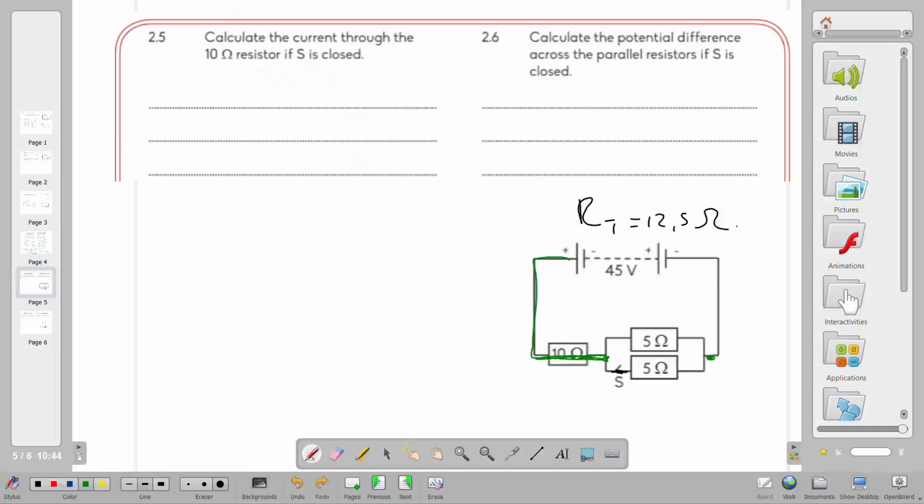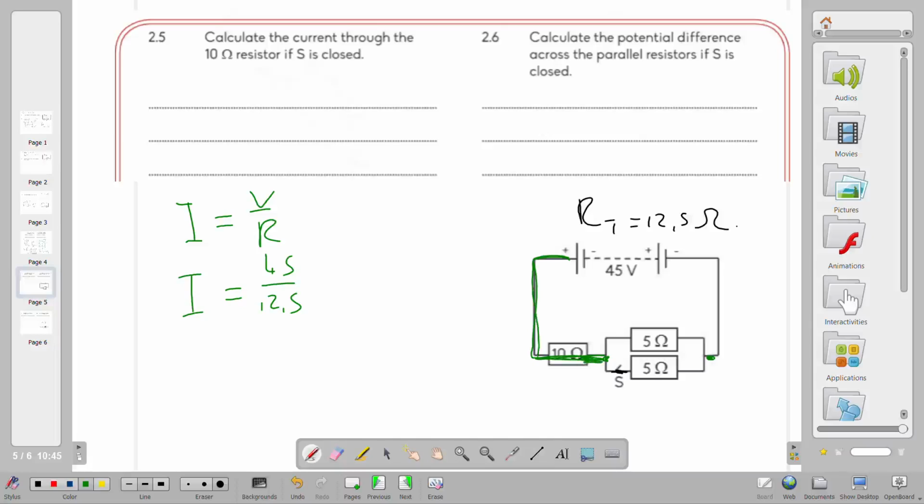Well, I is equal to V over R. What's the potential difference for the total circuit? Because that's what I'm going to use here. I'm going to use the total resistance. So V total is 45, total resistance is 12,5. The reason is that I want to know what the total, the big current is.